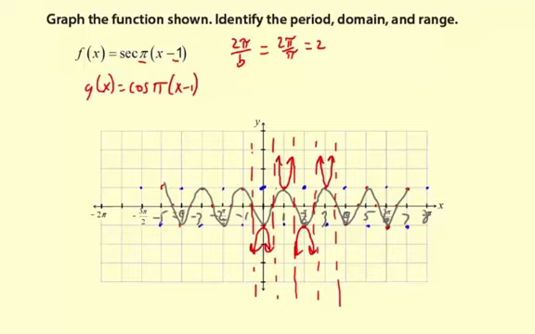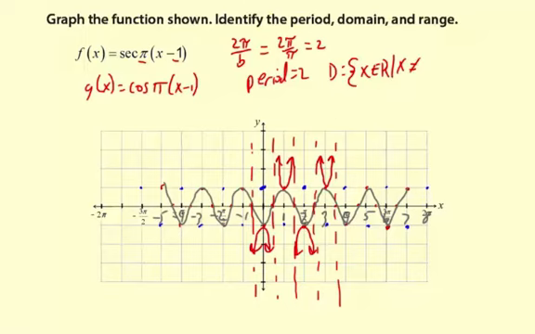So how do you do the period, domain, and range? Well, the period we said is 2. And the domain: x is an element of the set of real numbers such that x cannot equal... Now we need to find a pattern with the asymptotes.